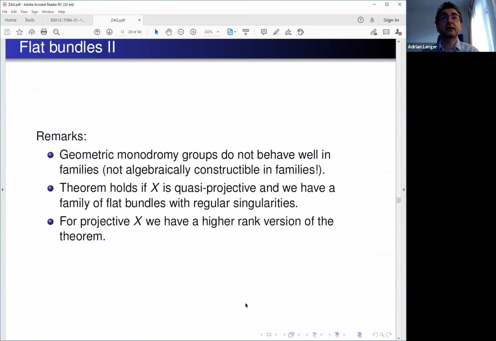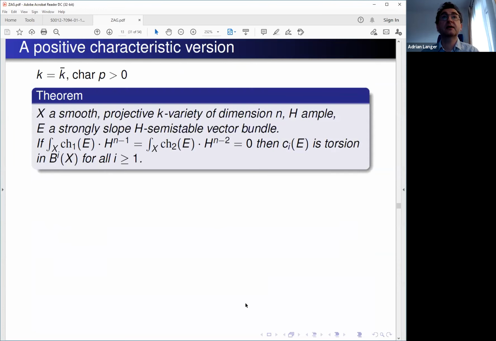Okay, so now I want to go a little bit to the positive characteristic case and see what happens then.